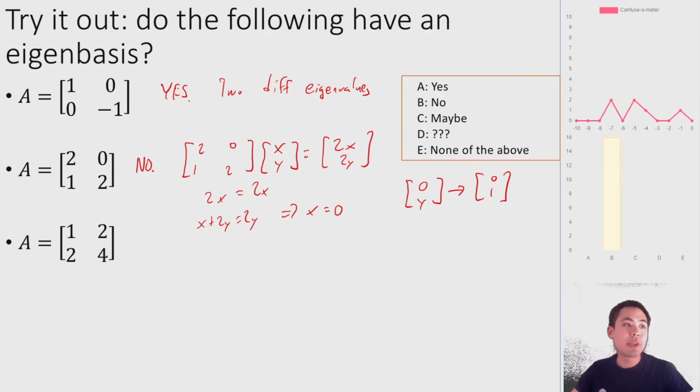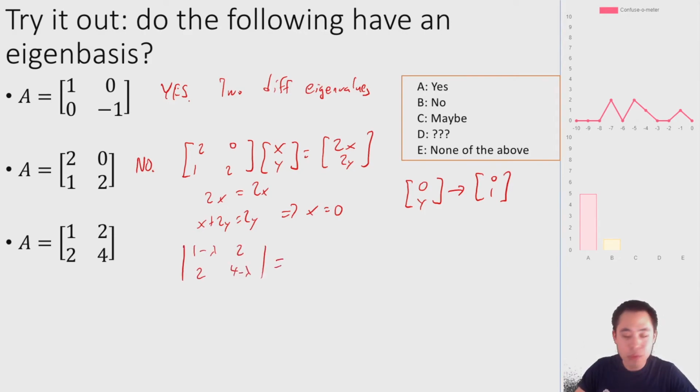Okay, this one's a little bit trickier, because the eigenvectors are a little bit harder to see immediately. So for this one, you need to actually compute the eigenvalues as well. So let's do that. (1 minus lambda)(4 minus lambda) minus 4 is equal to 0.